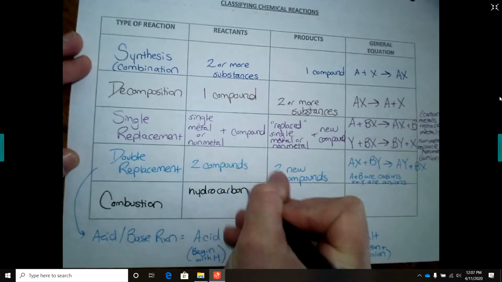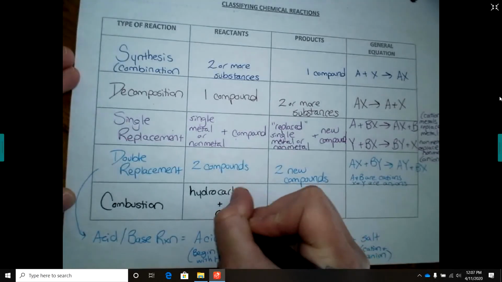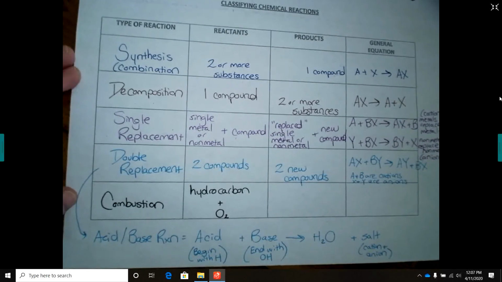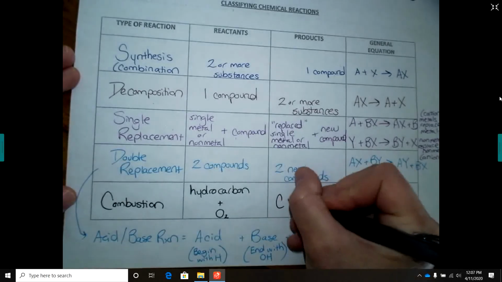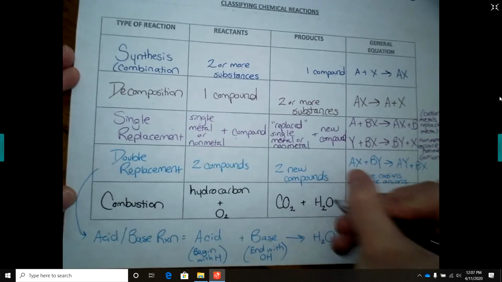You might remember what a hydrocarbon is from our quick organic lesson. It's just something that contains hydrogen and carbon, plus O2, oxygen gas. Remember, you can't have fire without oxygen. And then your products are always CO2, carbon dioxide, and H2O.